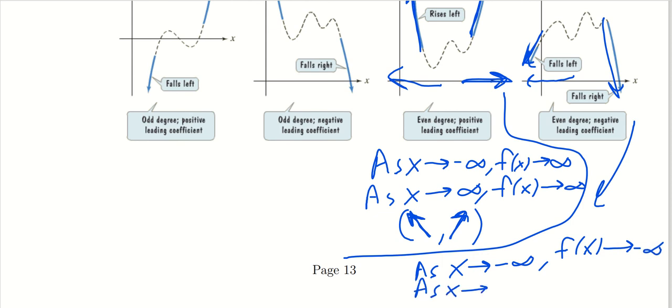Similarly, as x approaches positive infinity, so if we go over here far to the right, the graph will continue to go down and down and down, and f of x will also approach negative infinity. If you wanted a shorthand for this, it goes down to the left, and it goes down to the right.